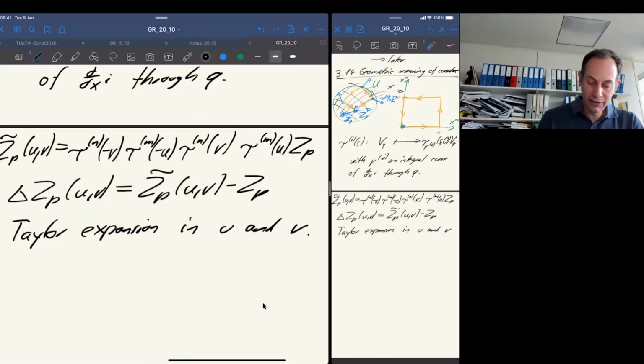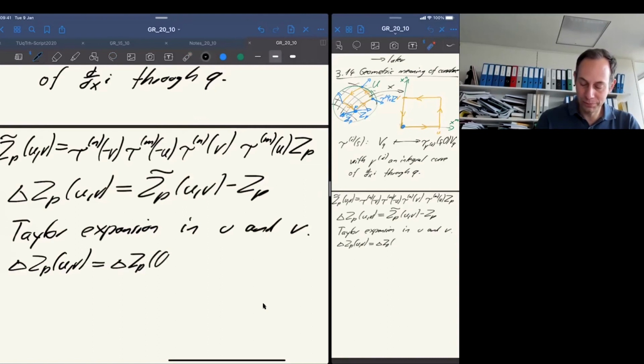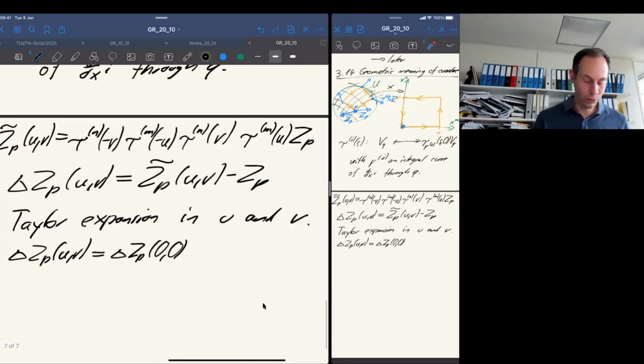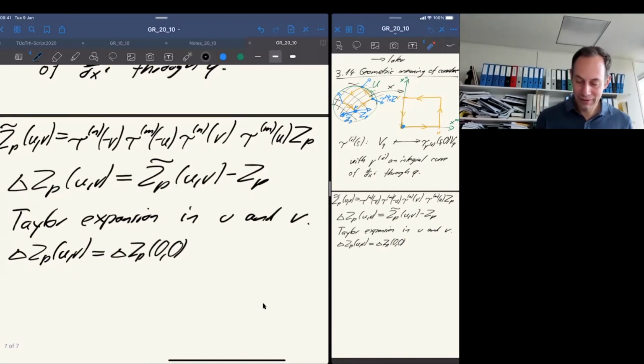Okay, so what's the Taylor expansion of this in u and v? I mean, you probably know what the Taylor expansion is, but we need to actually carry it out. So we expand around 0. And so, to 0th order, we just have this thing.